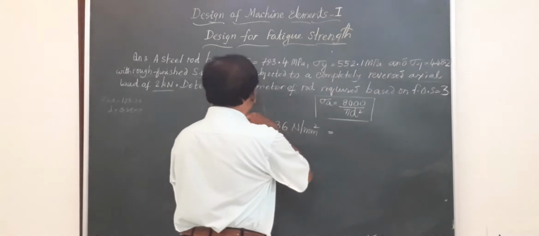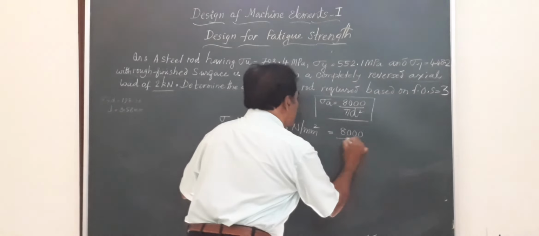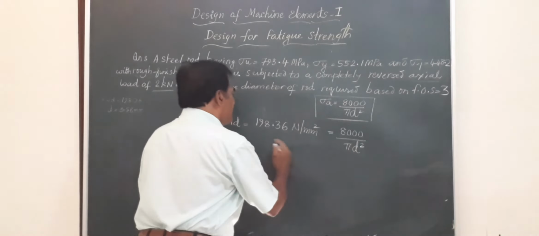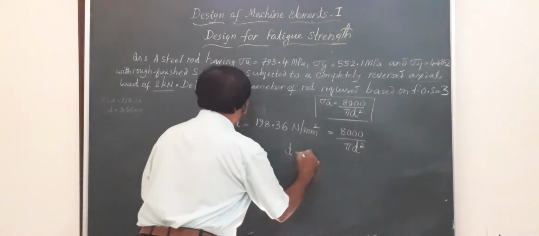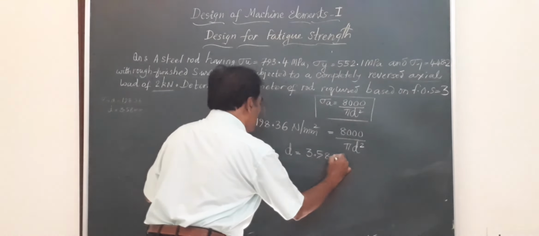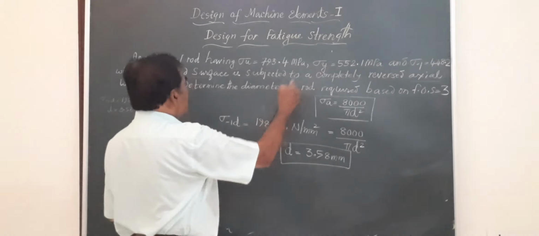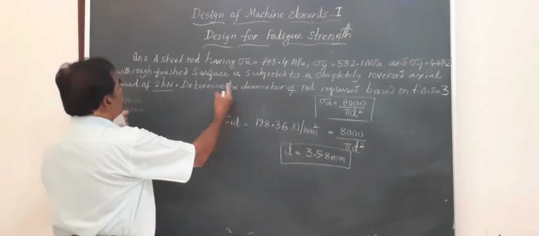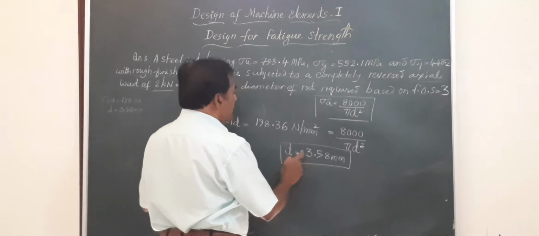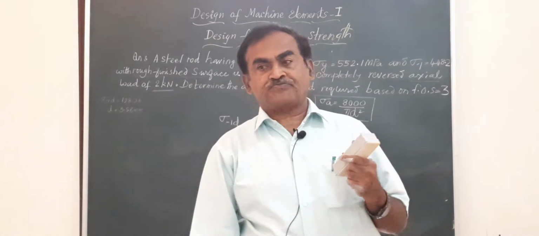So I am going to equate sigma minus 1d to the sigma a, which is 2000 by pi d square. Friends, if you find out the value of d, this works out to 3.58 mm. So, for a steel rod whose specification is given here to withstand this fluctuating load, which is completely reversed, the diameter of the rod should be 3.58 millimeter.